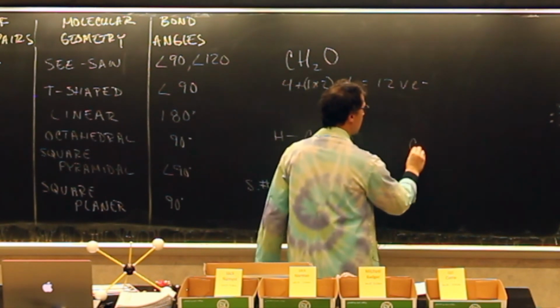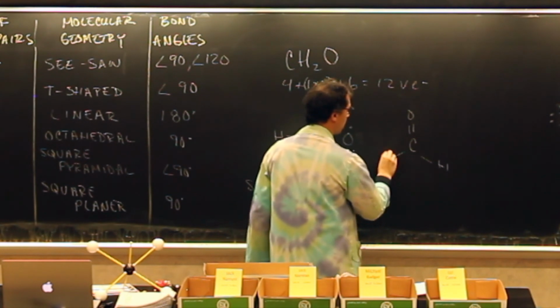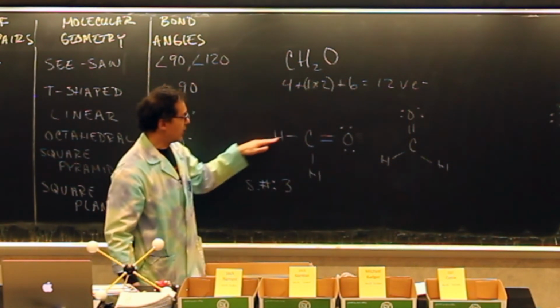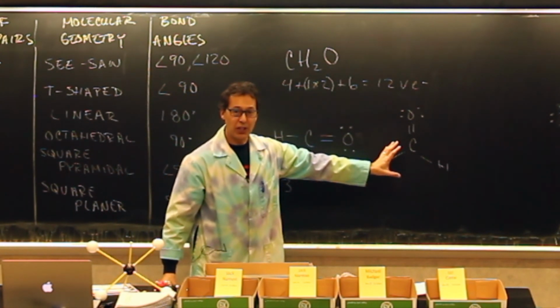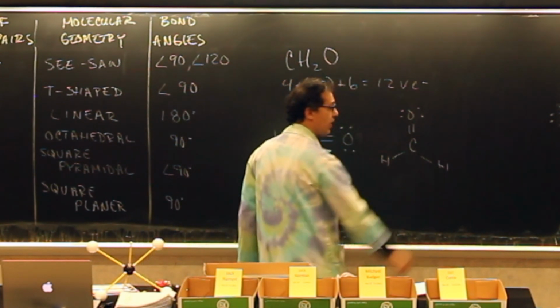So I'm going to put a carbon, double bond oxygen, like this, like that, like that. See, right now this looks like a T shape, but it's actually going to be more like a Mercedes-Benz symbol.